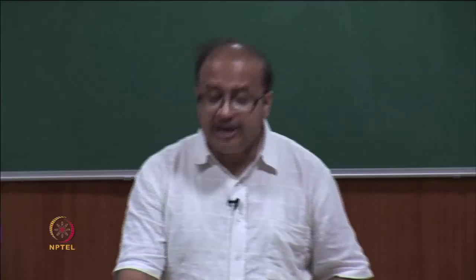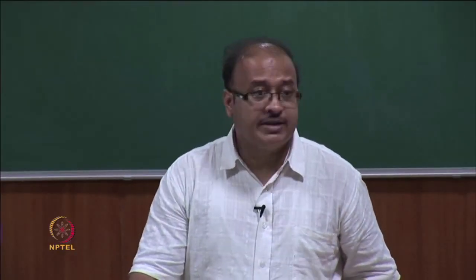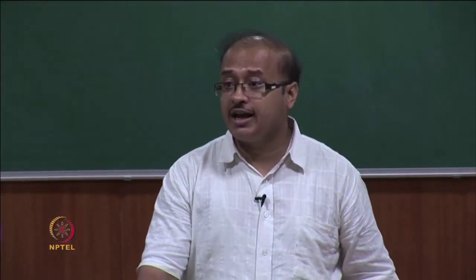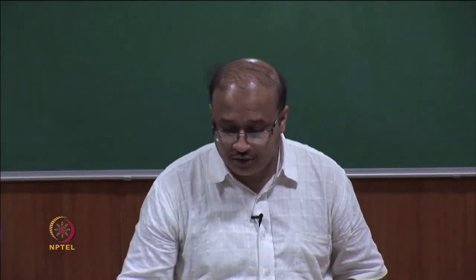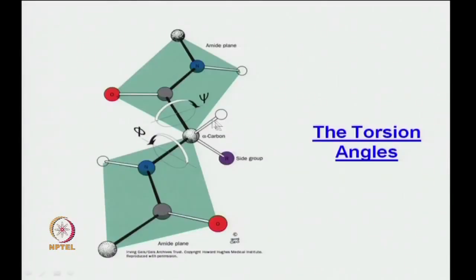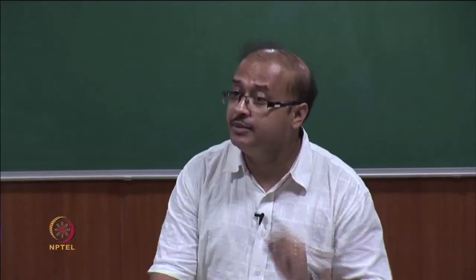Okay. So, let us look at some details into the torsion angles. What do you mean by the torsion angles? This is what we mean. If you look at it carefully, this is the N, this is the C, this is one amide plane, and this is another amide plane. Now, this is the alpha carbon. Remember, I will come back to this alpha carbon as I told you many times.